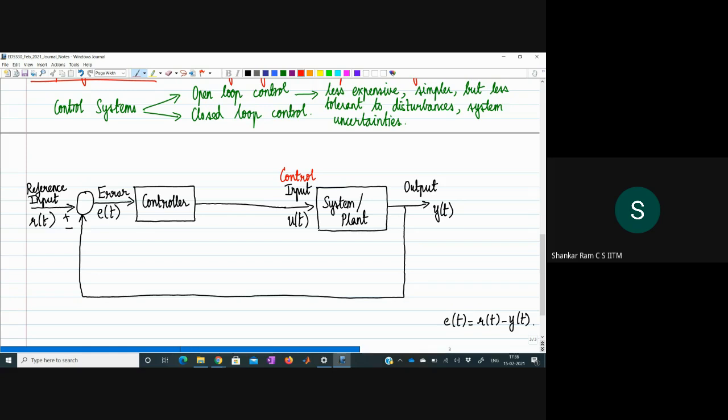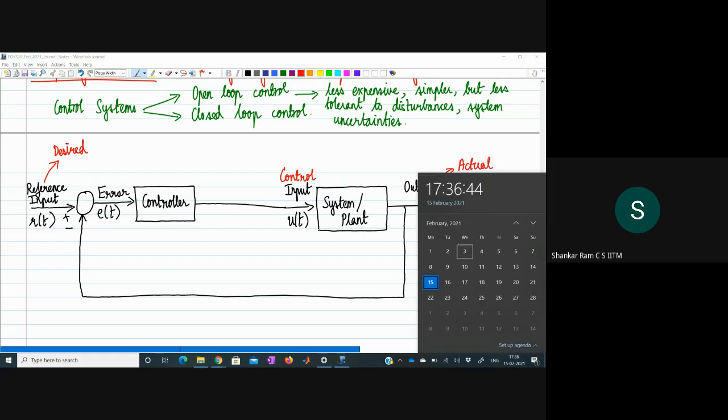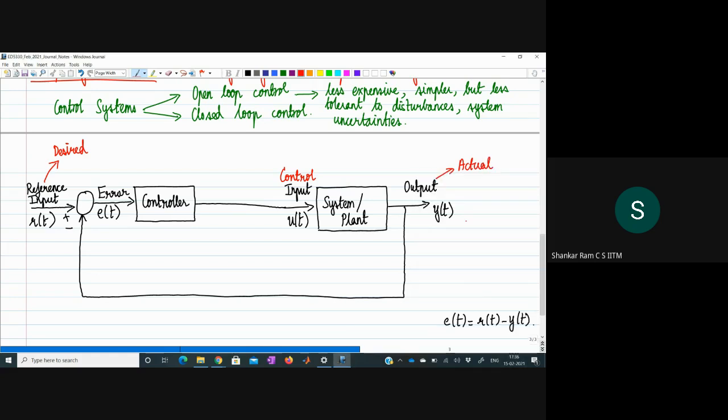Although the name says reference input, this is what is desired from the system, the desired output. This output is the actual output from the system. This problem is called the output regulation problem, because we are regulating the output of the system.